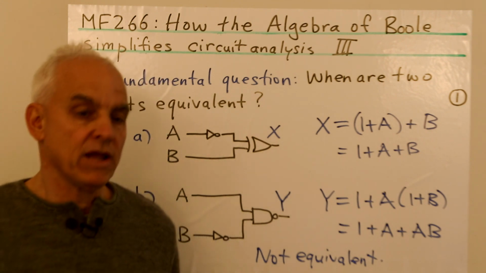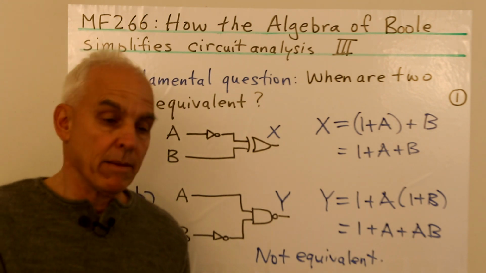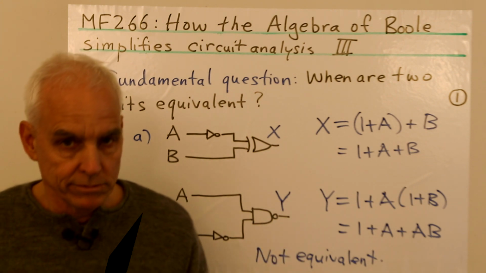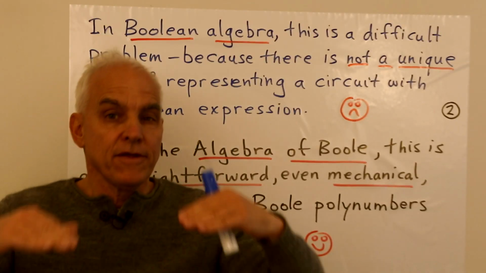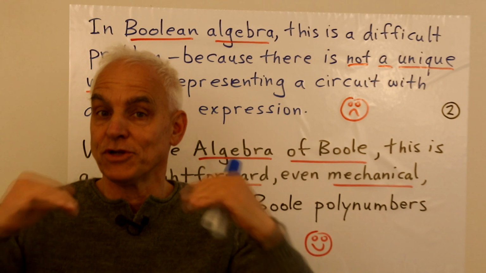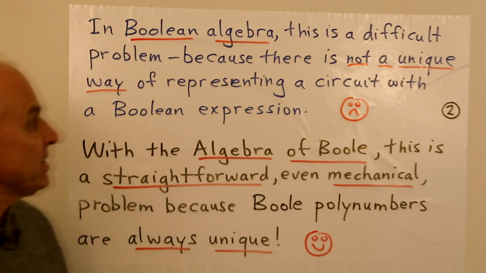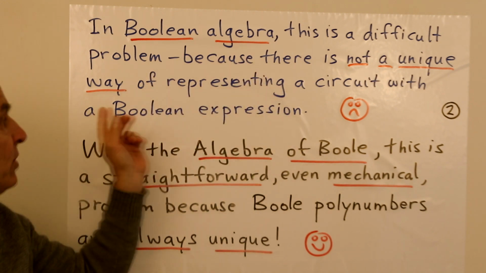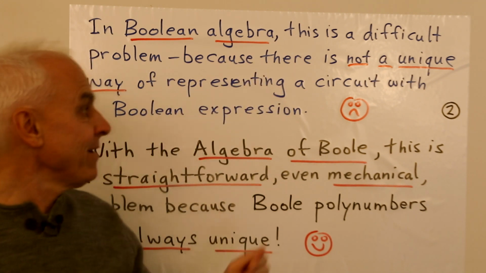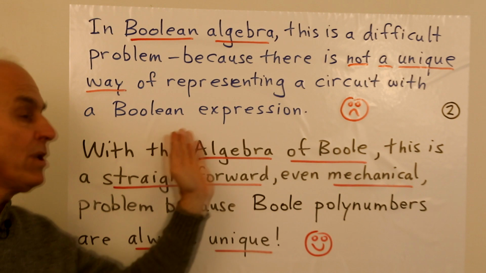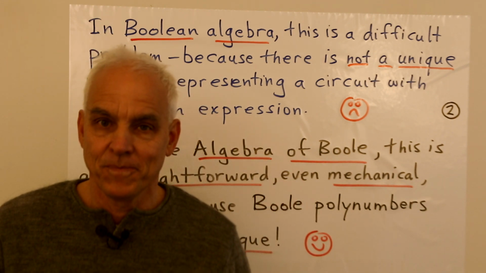converting things into Boole polynumbers using the algebra of Boole. So in Boolean algebra approaches, this question of deciding whether two circuits are equivalent is actually quite subtle, in fact difficult. And the reason is because there's in general not a unique way of representing a circuit with a Boolean expression.